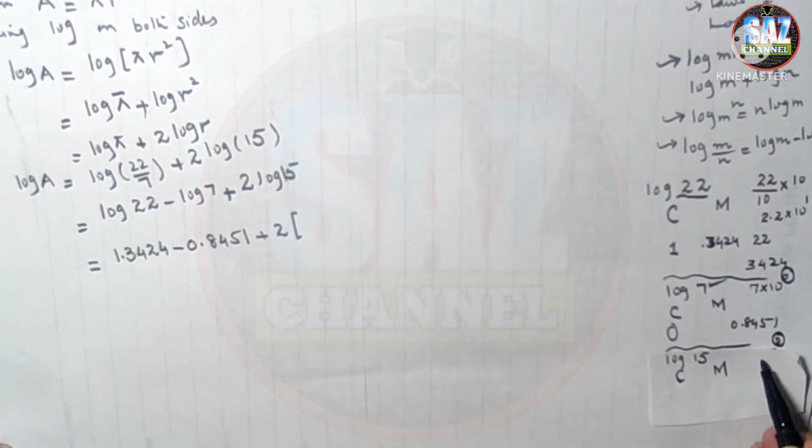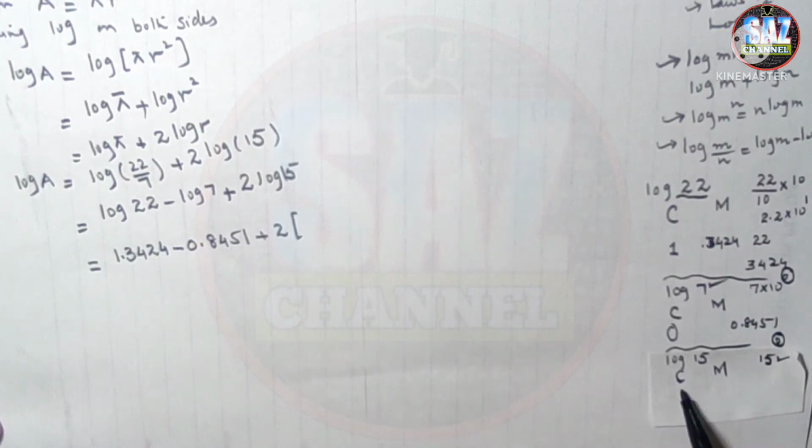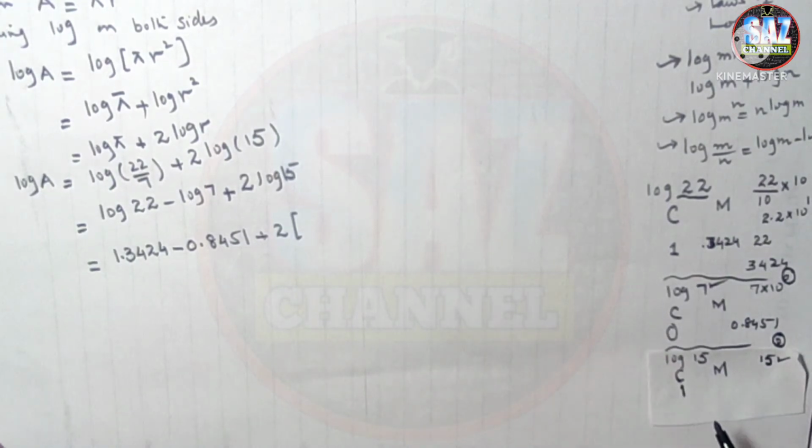This number has 2 digits in the integral part, and what is the rule for finding the characteristic of a number greater than 1? The characteristic of the logarithm of a number greater than 1 is always 1 less than the number of digits in the integral part. As this number has 2 digits in the integral part, 1 less gives me characteristic 1.